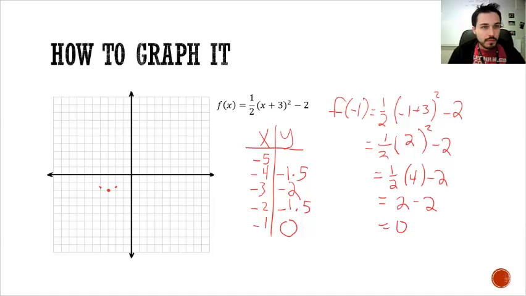Yeah, it's good. Okay. So then that means we're going to have this point here and this point here. Okay. And since I have 5 points, 5 accurate points, now I can sketch this graph, which will look something like this. Okay.